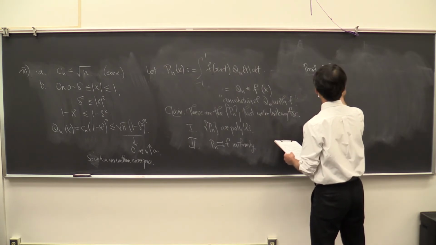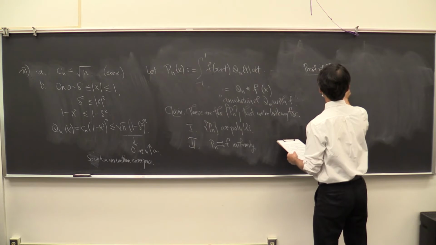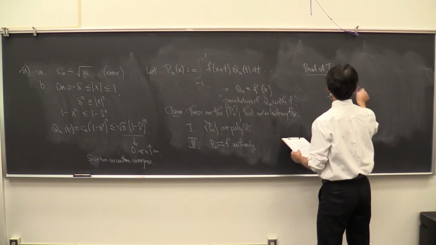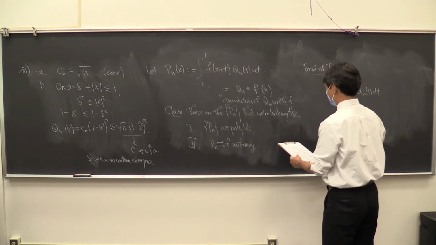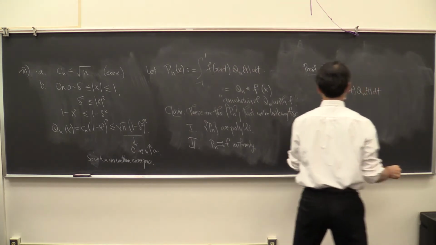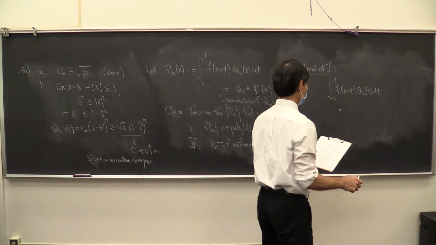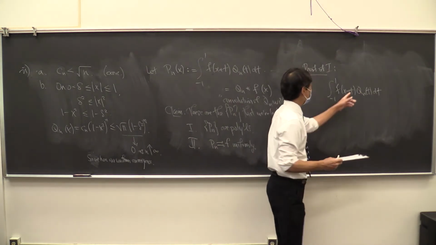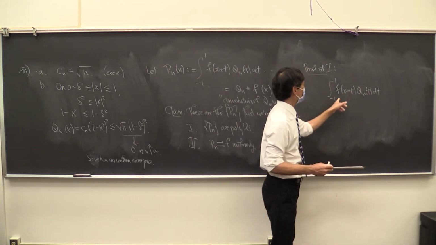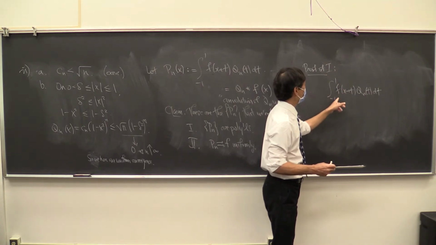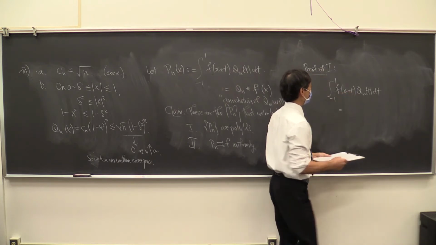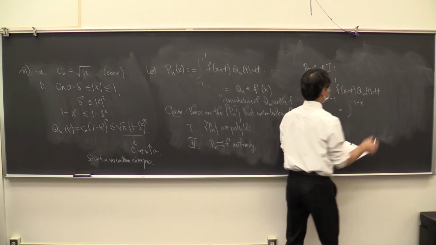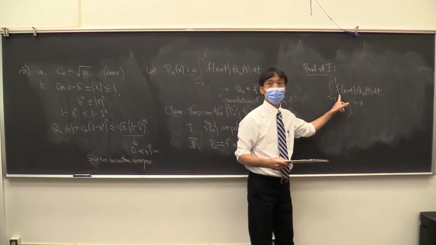Let's look at this thing here, the integral of f of x plus t, q_n of t, dt. So what's the point here? As t ranges from -1 to 1, we've got this t plus x. So t only needs to go up to 1 minus x, because f is 0 past 1.